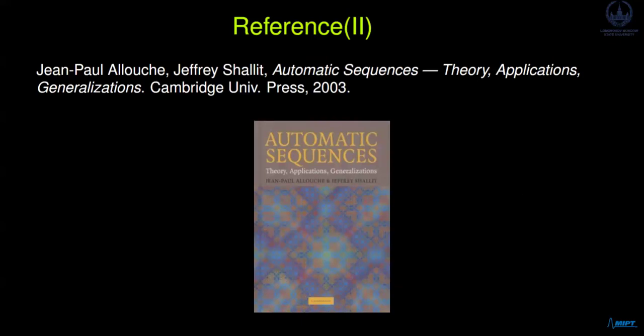another essential reference for this course is Automatic Sequences: Theory, Applications, Generalizations by Jean-Paul Allouche and Jeffrey Shallit, published by Cambridge University Press in 2003. This book is a fundamental resource on the topic of automatic sequences, which are sequences generated by finite automata.